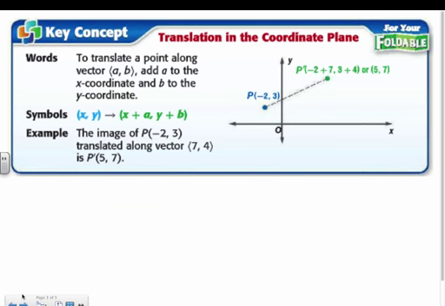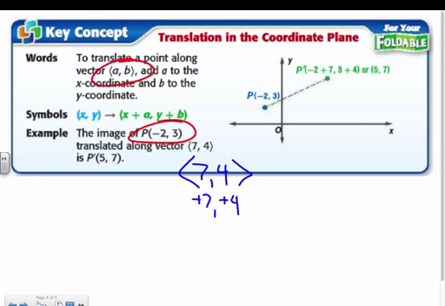In the coordinate plane, this is nice and easy. All you have to do is use the component form of the vector. It's just going to move A units in the X direction and B units in the Y direction. If I look at this example, here was point P, -2, 3, and it moved by the vector 7, 4. So basically a +7 in the X direction and a +4 in the Y direction.